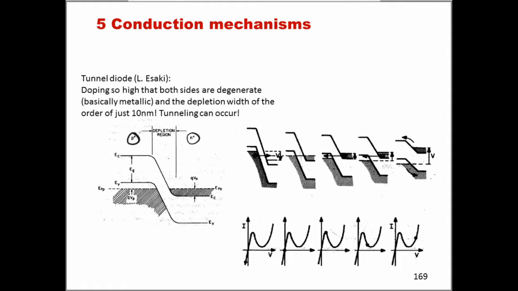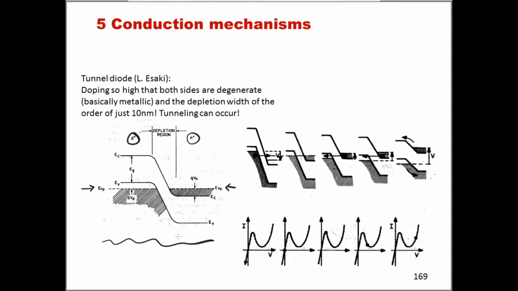So, for example, in the energy diagram here, we can see that these two sides are so doped that the Fermi level is, in this case, within the valence band, and in this case is actually within the conduction band.